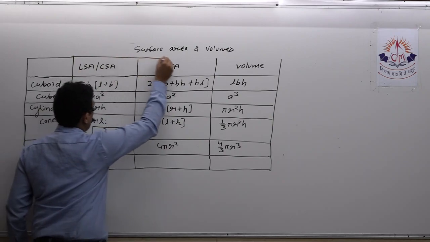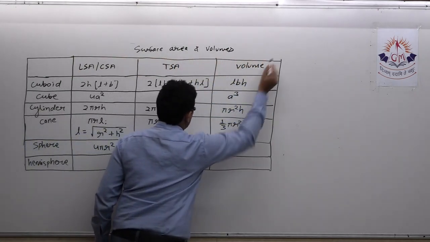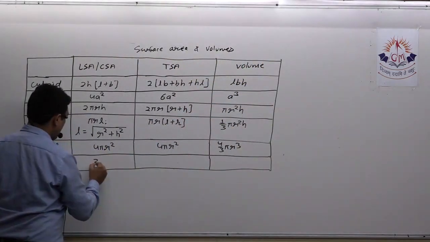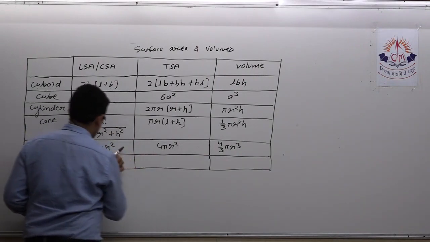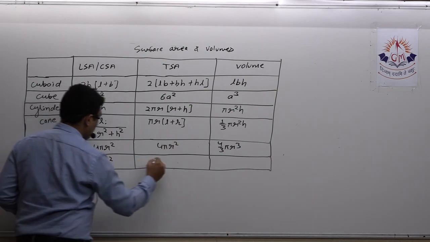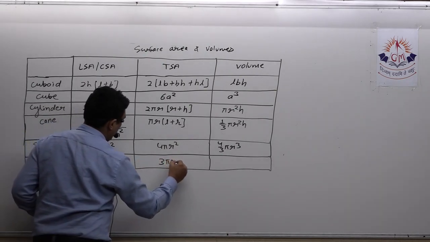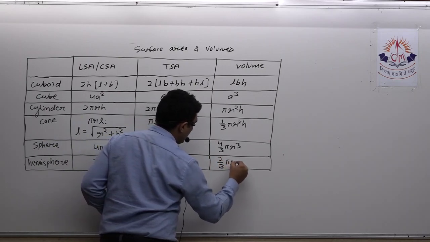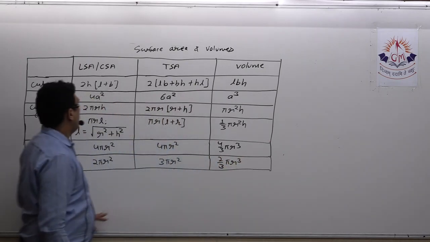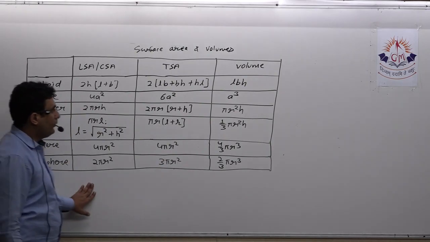For hemisphere, curved surface area is 2 pi r square. Total surface area is 3 pi r square and volume is 2 by 3 pi r cube. So that is all about the surface area and volumes formulas.